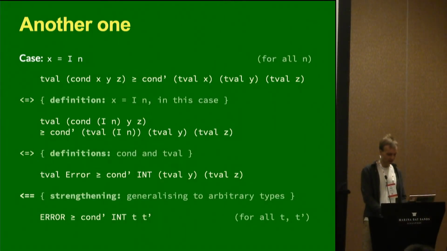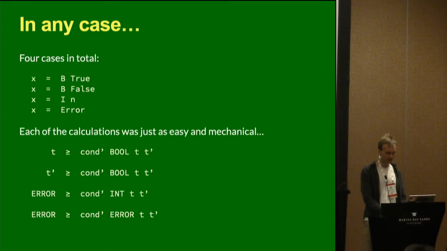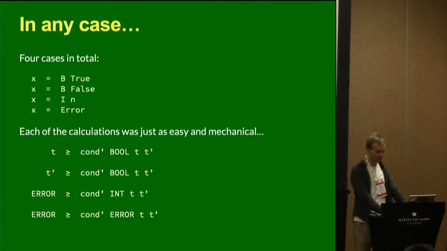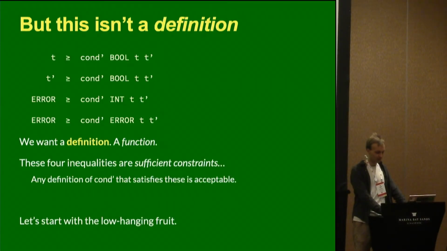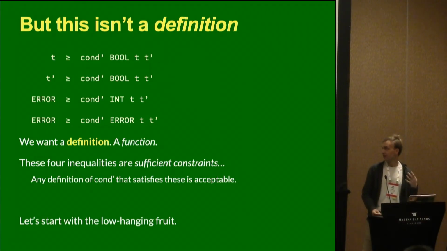So what we're left with is 4 inequalities. We still don't have a definition, but it's looking a lot closer to one, perhaps. And actually, these are sufficient, right? Again, if we can write down a definition of cond prime that satisfies these constraints, we have a definition of cond prime.